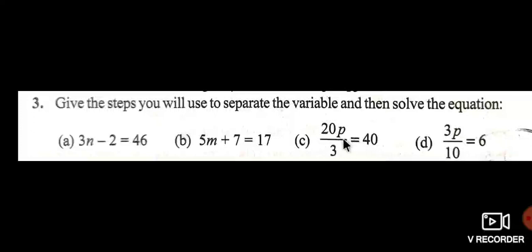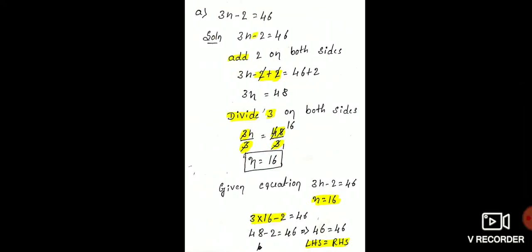Here the variable is p. And fourth one is 3p by 10 is equal to 6. The variable is p. So we shall solve the problems one by one.